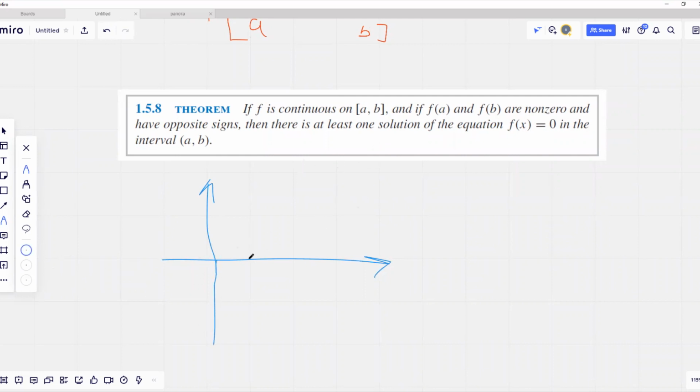Let's assume that our function is continuous on the closed interval from a to b, and let's select f of a and f of b such that their signs are opposite. Let f of a be negative and f of b be positive.